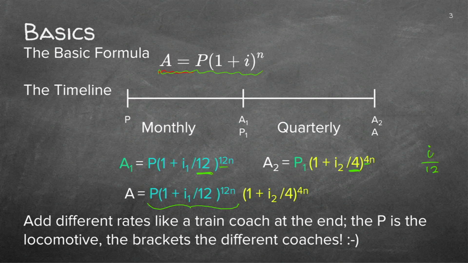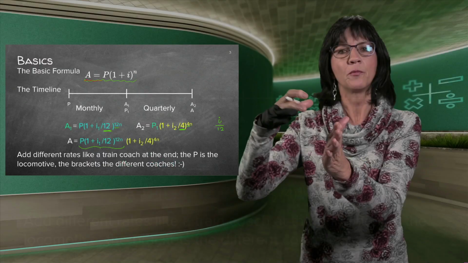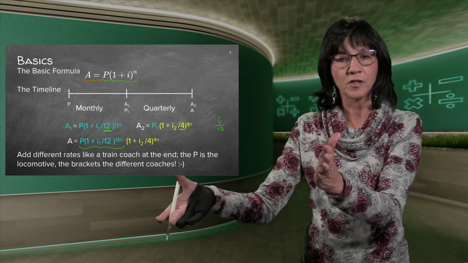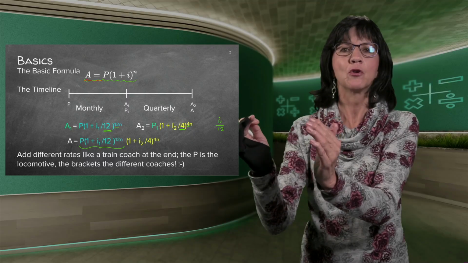Now, if you do that sum, it means you're adding the capital, the 1 times P, plus you're adding the interest, the i times P. So you've got your end amount after however many months. But now that answer, if I take that and from there on I do a new interest rate, this interest rate is now quarterly, I can just slot another coach at the end.